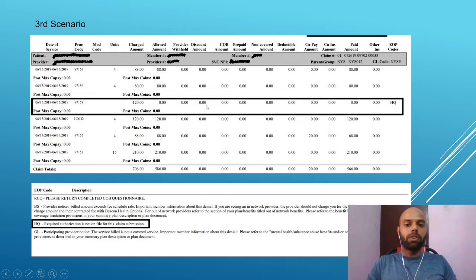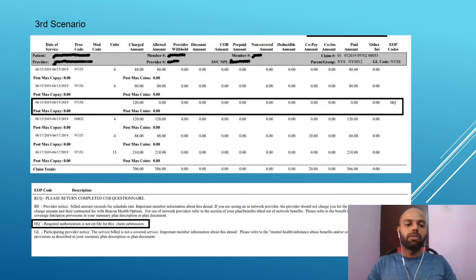You may be wondering why all CPTs paid and this one was denied. I'll explain that. When giving an authorization, insurance gives, like, authorization XXX is for 97155 and 97156.